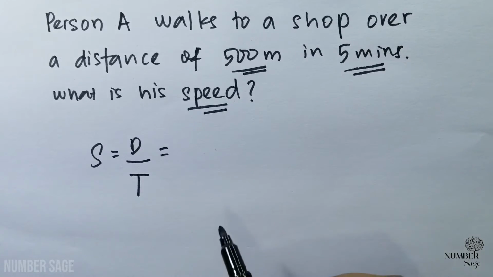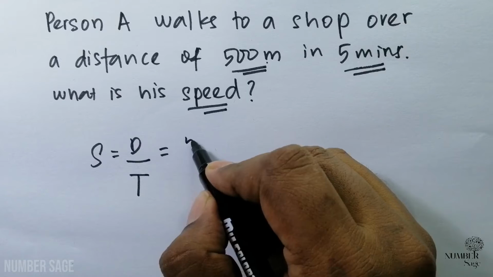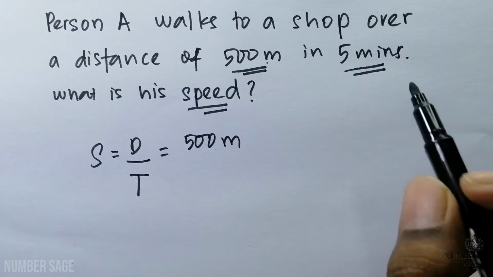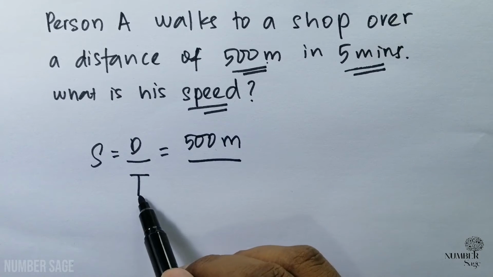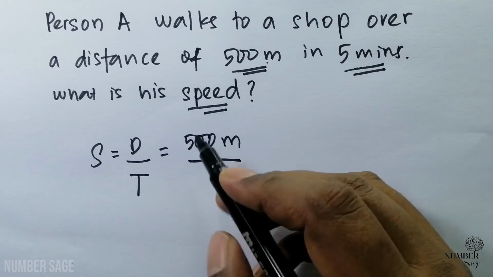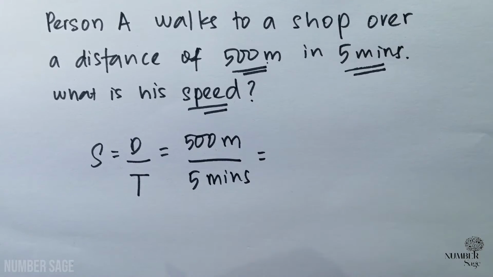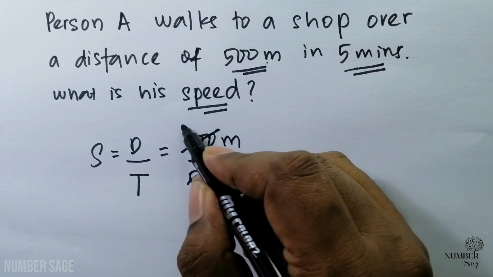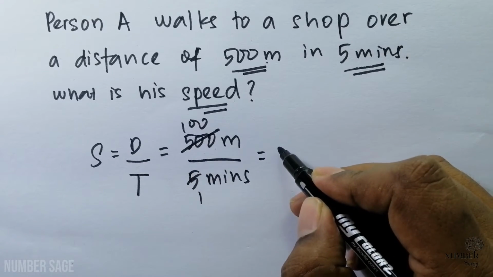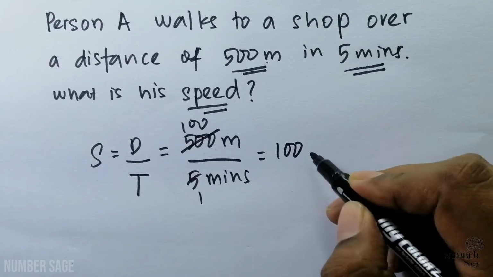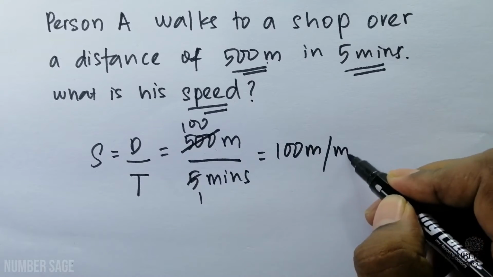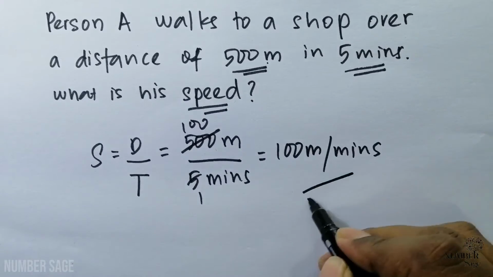In this case, the distance is 500 meter. Meanwhile, the time taken is 5 minutes. Further solving will give us the speed as 100 meter per minute.